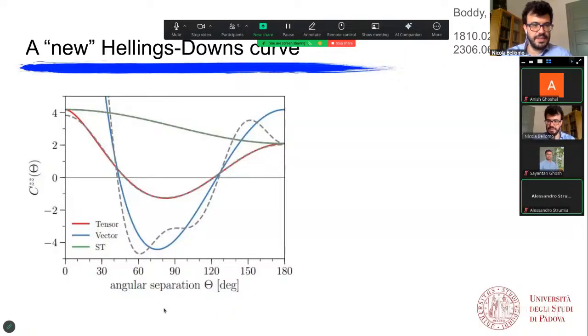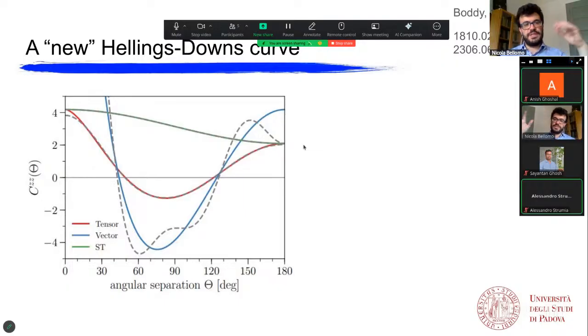In this plot, you can see the standard tensor-term Hellings-Downs curve, which is the one I'm pointing at. And then you can see the scalar, I think in dark red, the vector in blue, and the scalar in green.